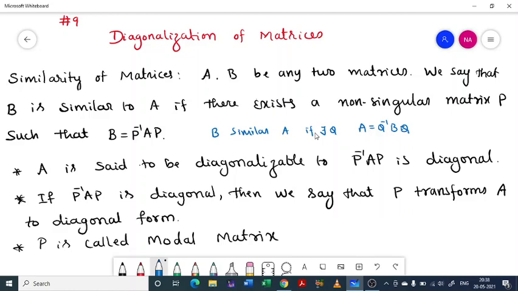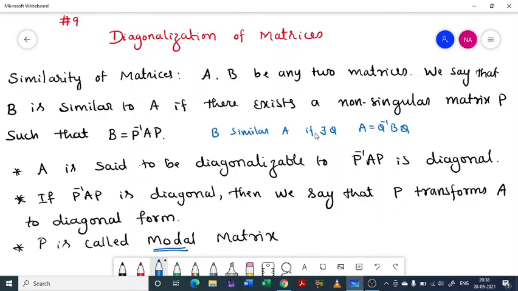More specifically, we say that P diagonalizes A. Then the matrix P, which is going to diagonalize A, is called a model matrix.